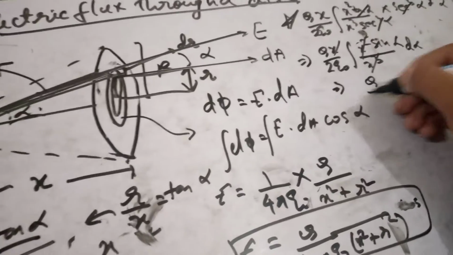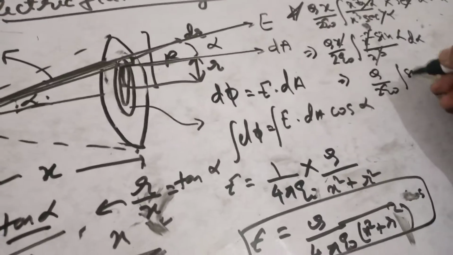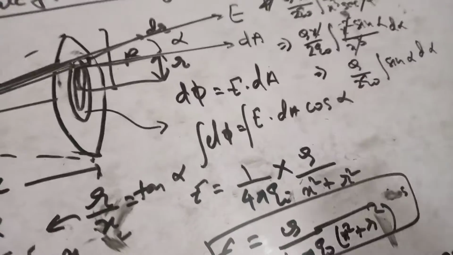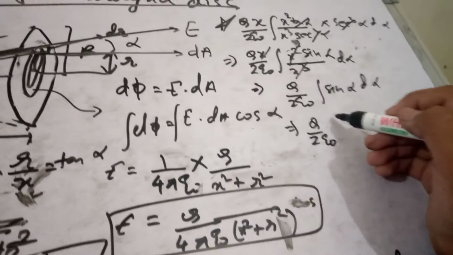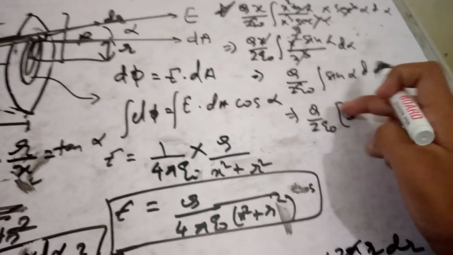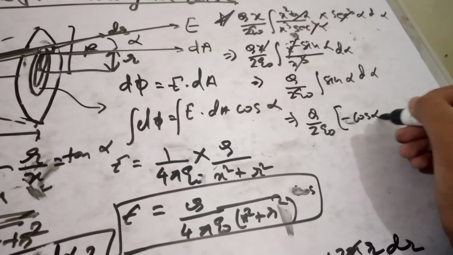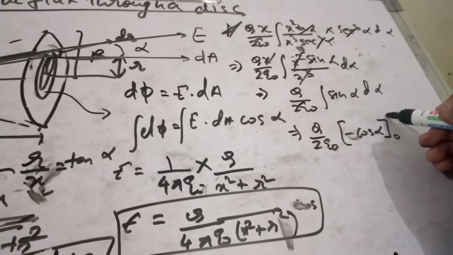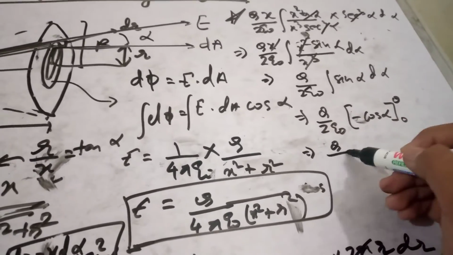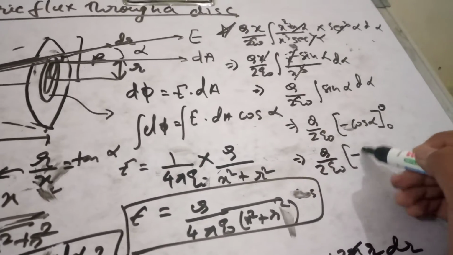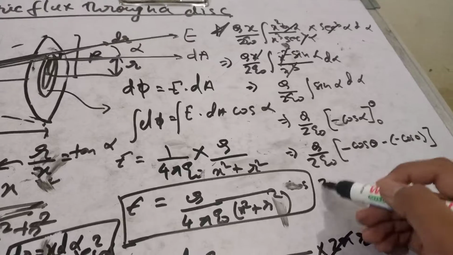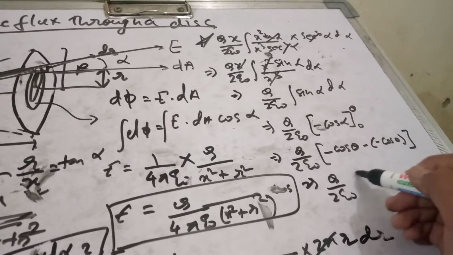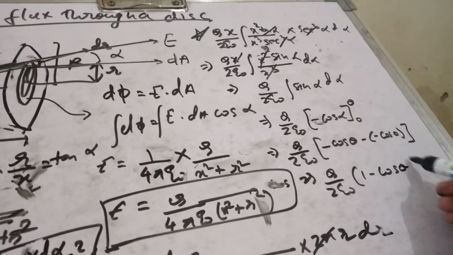So q upon 2 epsilon naught into the integral of sin alpha d alpha. Now we can do it like this. q upon 2 epsilon naught into minus cos alpha from 0 to theta. q upon 2 epsilon naught into minus cos theta minus cos 0, which is q upon 2 epsilon naught into 1 minus cos theta.